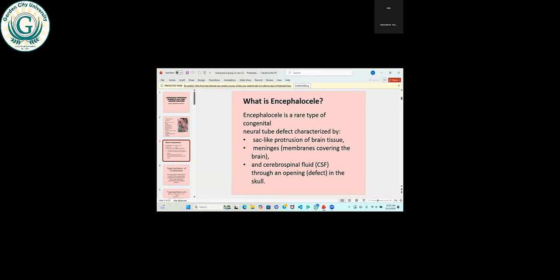It could be either the meninges, that's the membrane covering of the brain, or just the brain tissue. It is derived from the Greek word encephalos, which means brain or within the brain, and cele, meaning swelling or hernia or tumor.